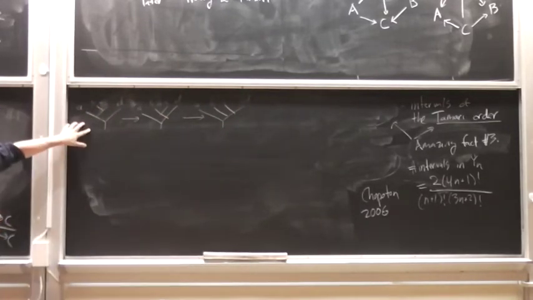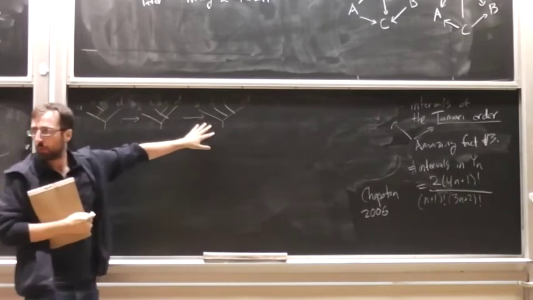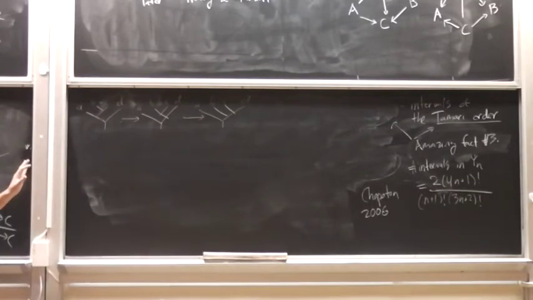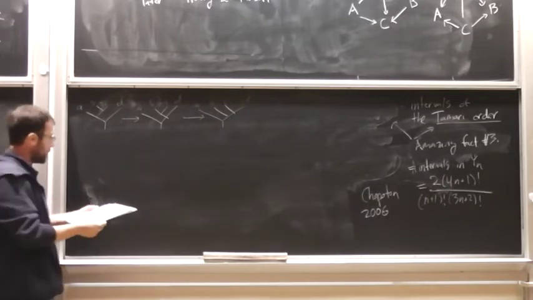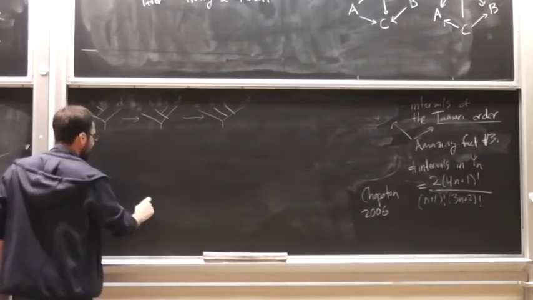So this tree is below this tree in the rotation order, but now how can we derive it? Well, we have different ways of deriving it in this calculus, but let me show you one way.